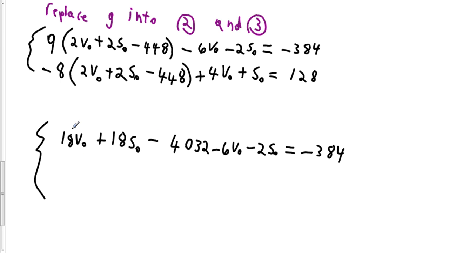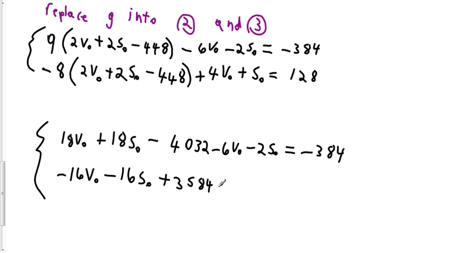And the bottom equation, I'm going to distribute the negative 8. So it's going to be negative 16 v naught minus 16 s naught. And then negative 8 times negative 448 is positive 3,584. So plus 3,584.